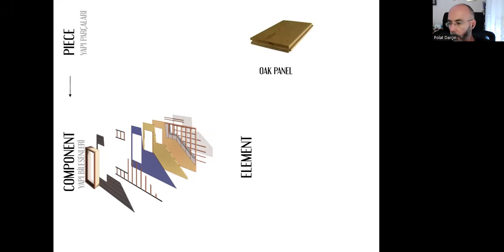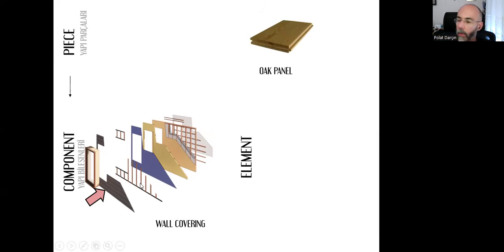Let's get all panels and use them to cover the outer surface of this middle structural part in these horizontal lines. Then we will have a different component. That's the wall covering. We can use different pieces in order to cover the indoor surface, inside surface.